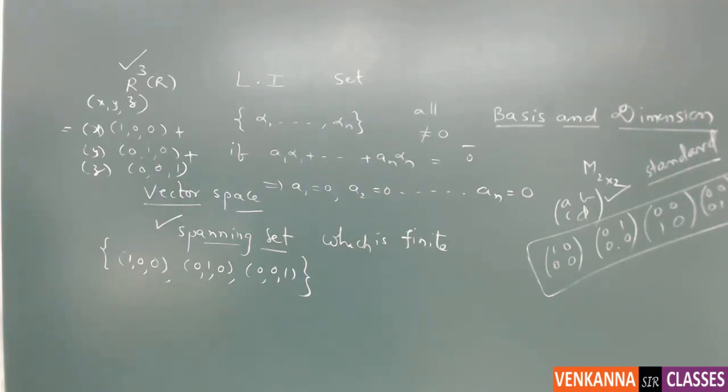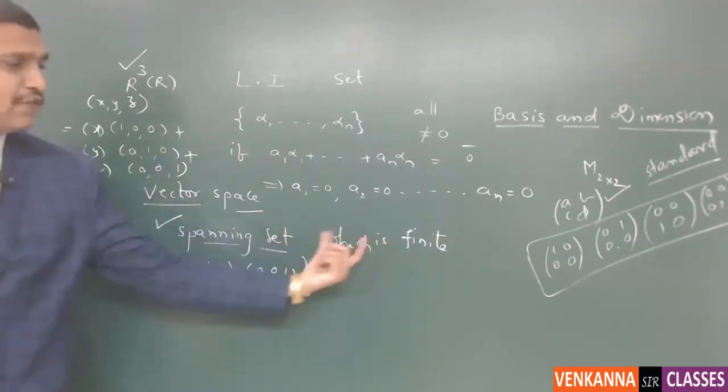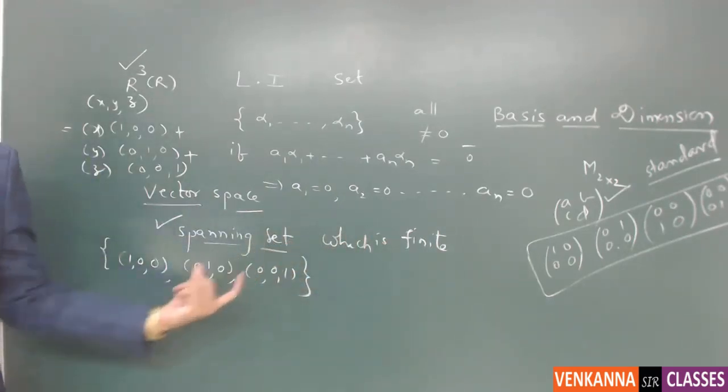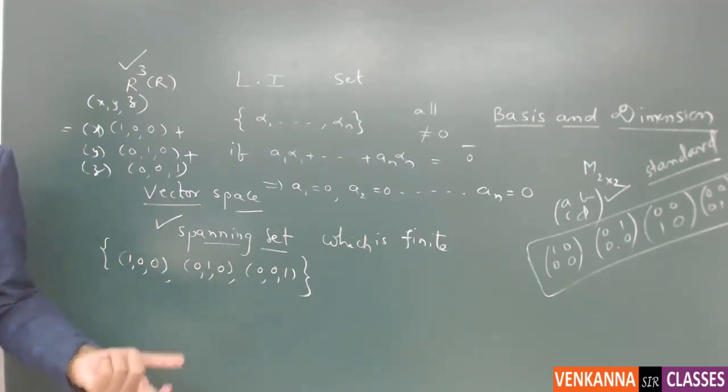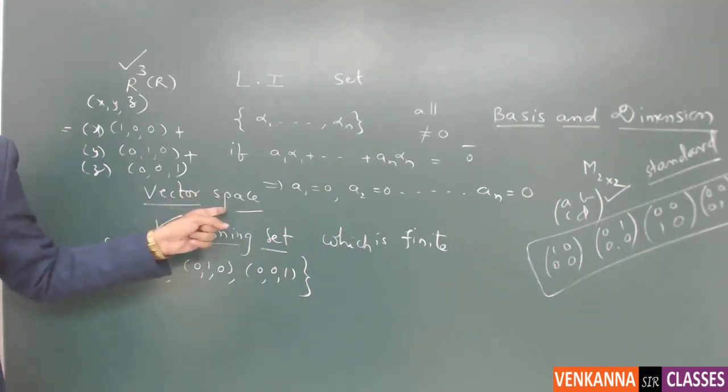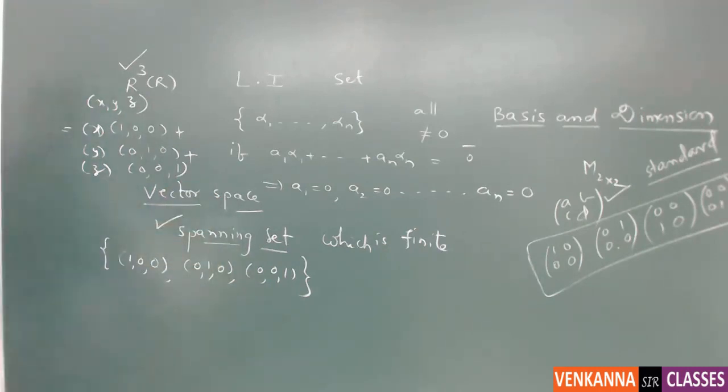Whenever you take a vector space which contains a spanning set, and the spanning set is finite, meaning it contains a finite number of vectors, that type of vector space we call a finite dimensional vector space.